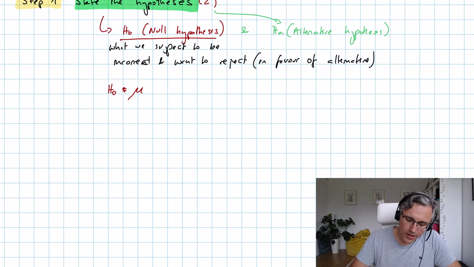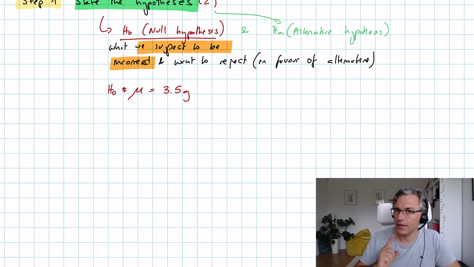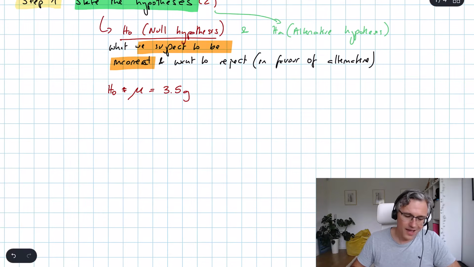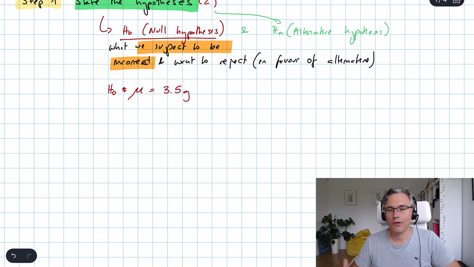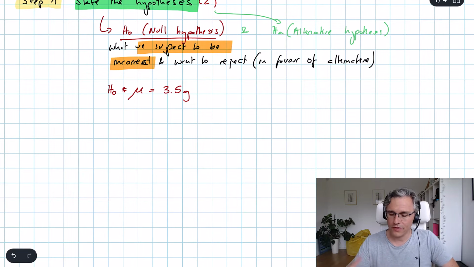So we write H0 as mu equal to 3.5 grams because we suspect this to be incorrect, and we think we're going to have to reject this hypothesis. It is complicated, to be honest, but this is one of the things you have to learn, because you may get questions concerning the statement of the hypothesis alone.